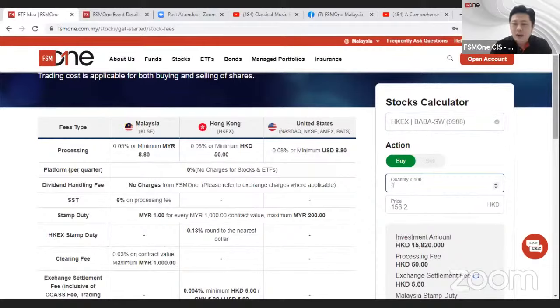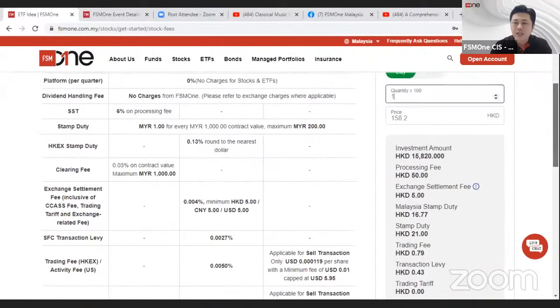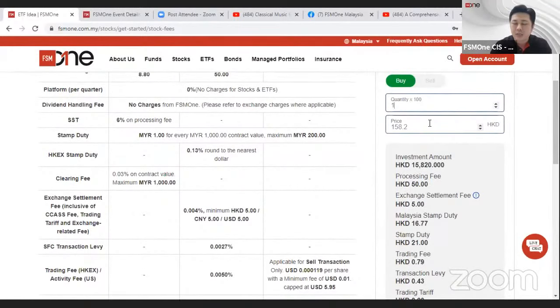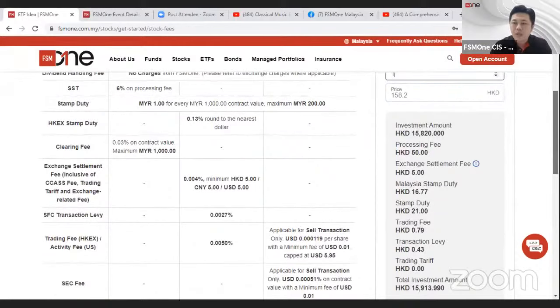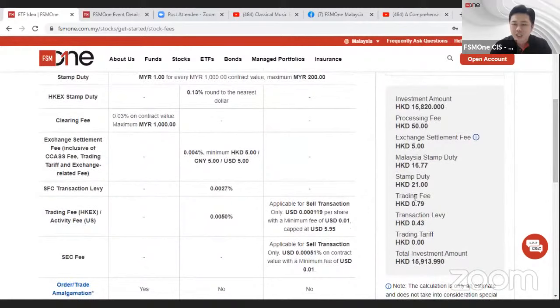If I want to buy one lot, you will notice that the price will be preset based on the latest price. Then we will simulate all the charges. This will be your investment amount, and then this will be our brokerage fee, our processing fee, and all the charges charged by the exchange and stamp duty. So it comes out to be the total amount that you need to pay.